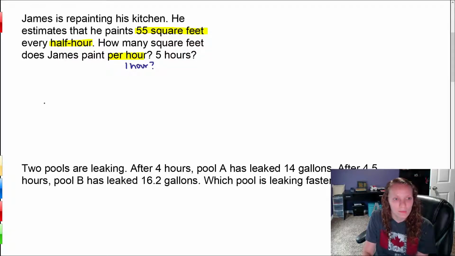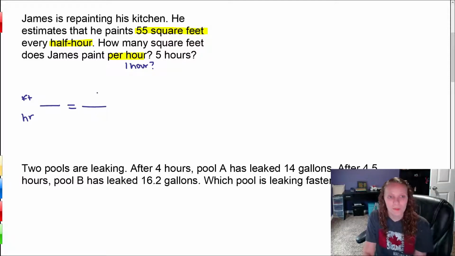So let's set up a proportion. So we want to know for 1 hour, I'm going to put hours across the denominator, and then I'm going to put square feet across the numerator. And it says 55 square feet for every half hour. Those two numbers go together, so they need to go in the same fraction.